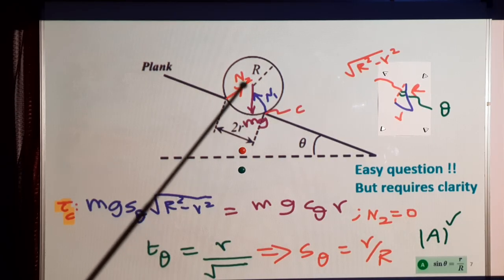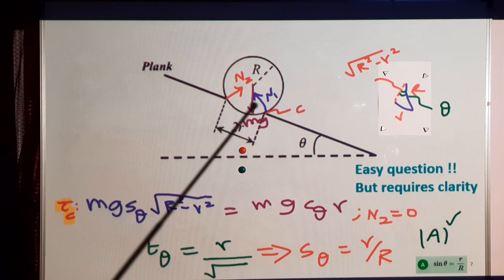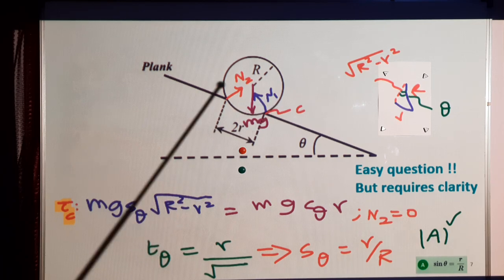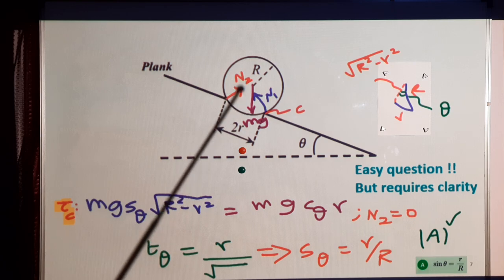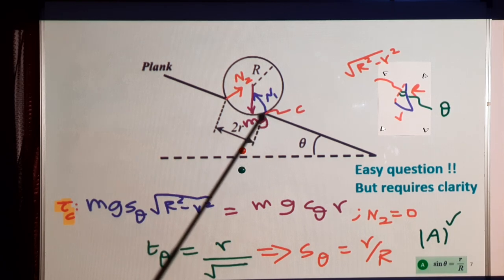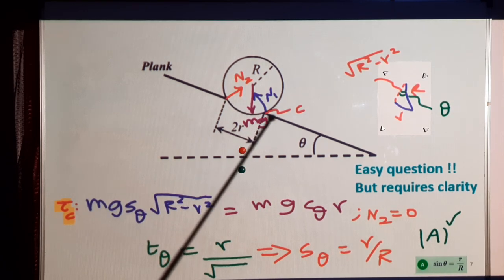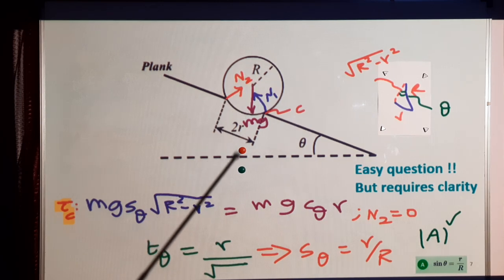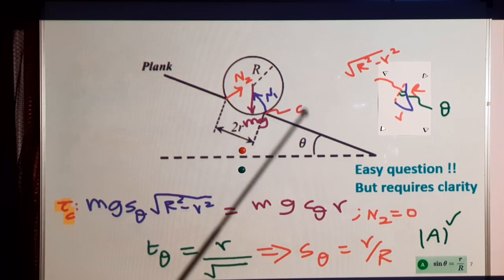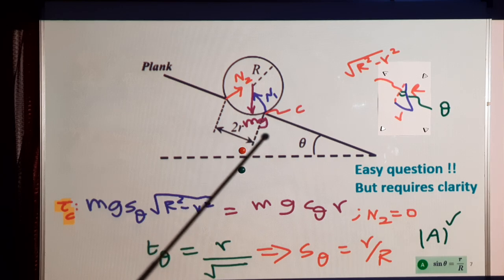The forces acting are the weight mg, vertically downwards, and there will be two contact points, normal reactions N1 and N2. It's about to topple, so this point will lose contact and N2 will become 0. And the torque about this point C: mg sin theta along the plane produces a clockwise torque, and mg cos theta perpendicular to the plane produces an anti-clockwise torque. Both the torques will be equal in the limiting case.